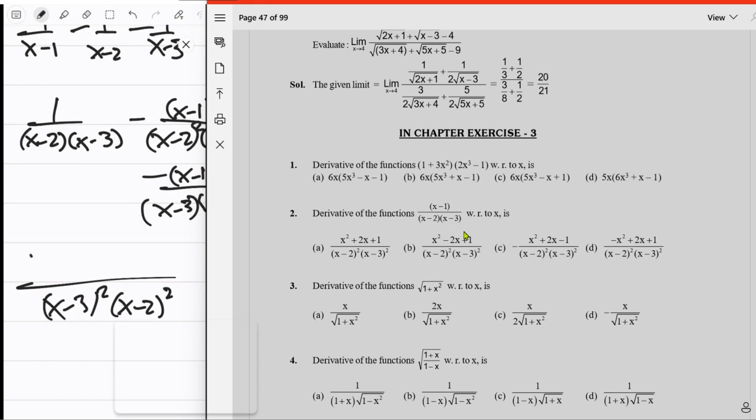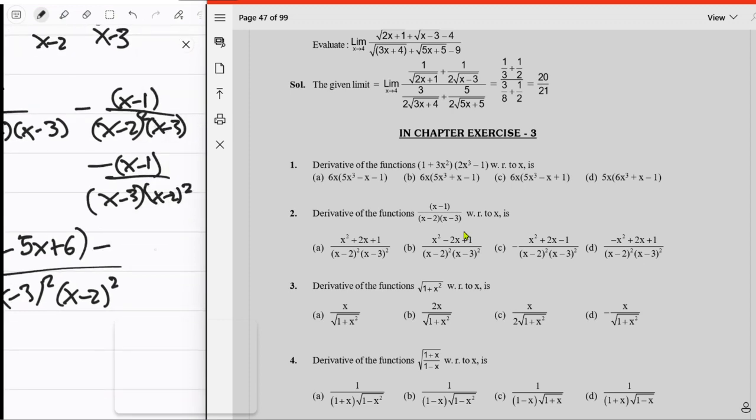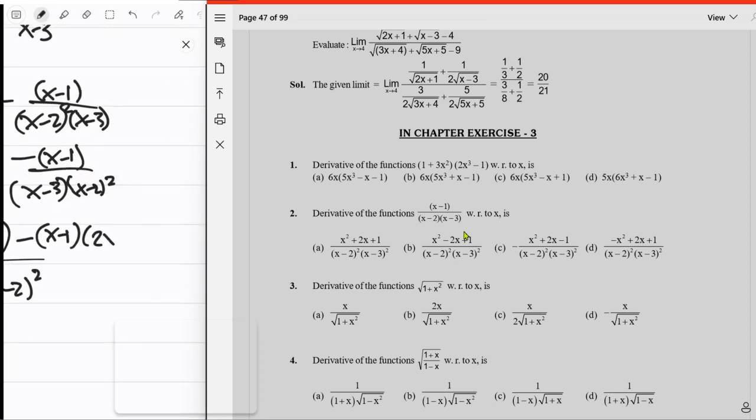First, we just have x squared minus 5x plus 6, okay? And minus, so you will have x minus 1 times x minus 2, and then x minus 3 as well. So basically 2x minus 5 times x minus 1, right? x minus 1 times 2x minus 5, sure.